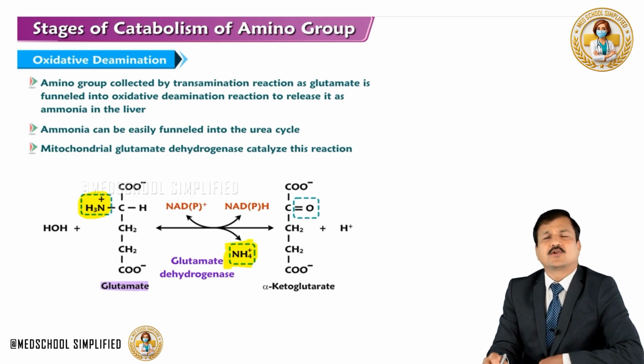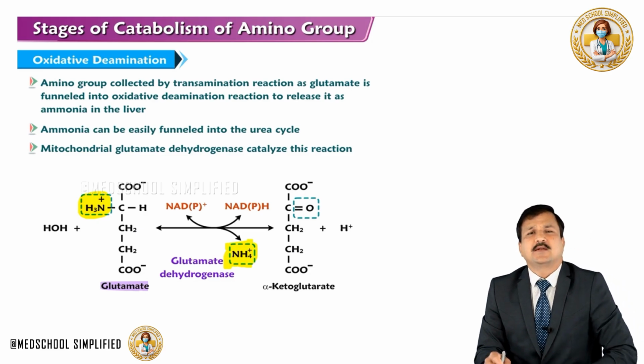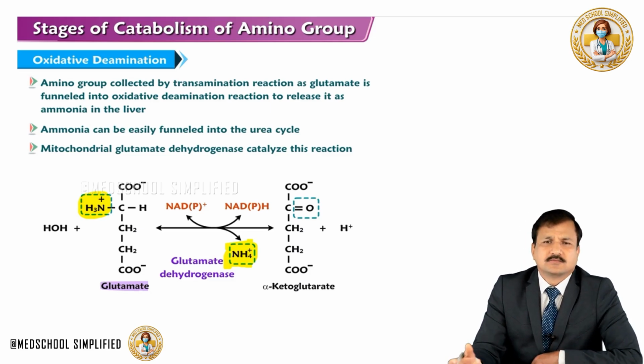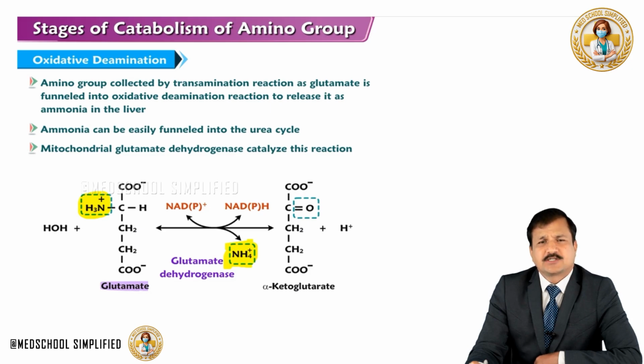And this α-ketoglutarate can undergo further transamination, or it can simply go into the TCA cycle and continue the TCA cycle.